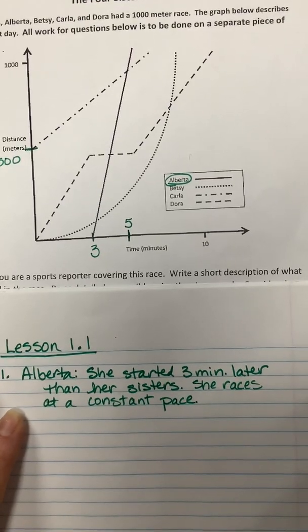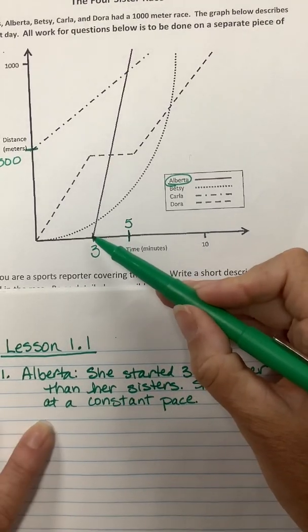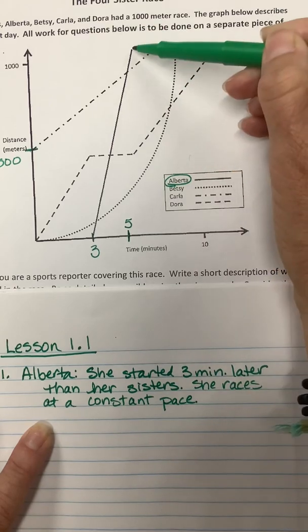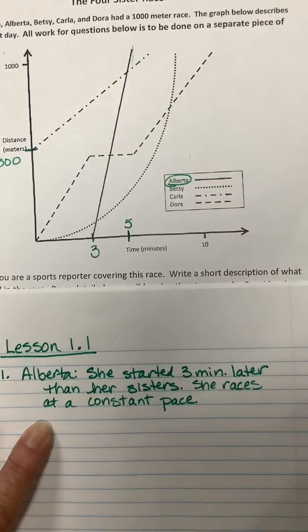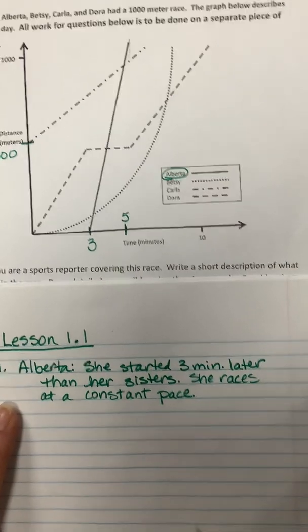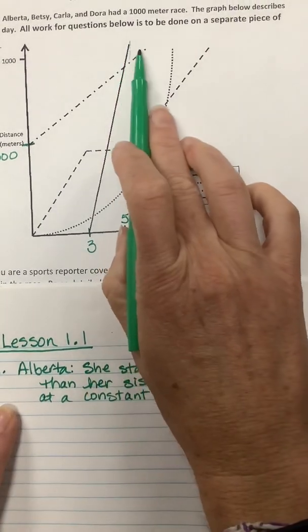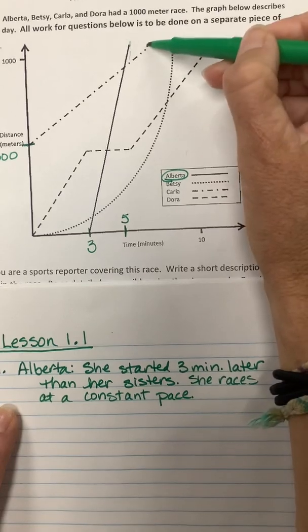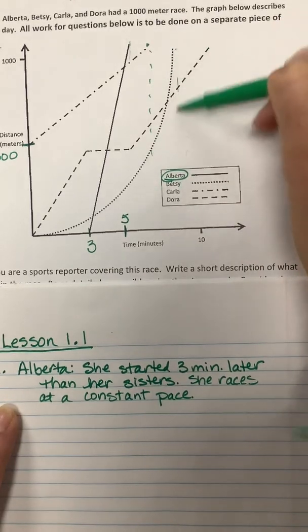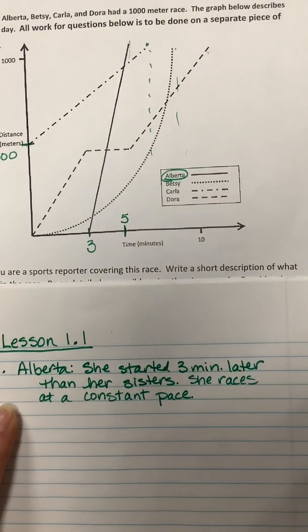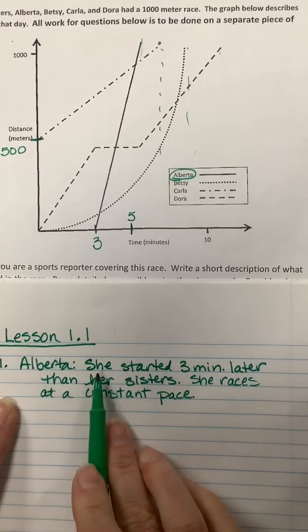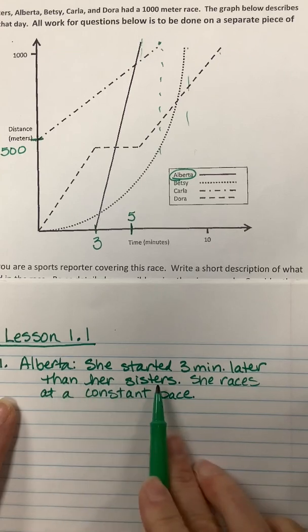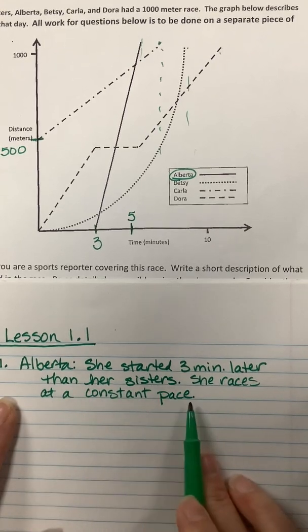She doesn't stop, she doesn't fall, she runs at that constant pace. And when does it look like she finishes? I don't know, this is a vague graph. 5 minutes, 6 minutes, anything reasonable would make sense. It also looks like she finishes first, while this other sister finishes later. So she started 3 minutes late and she finished first. So here we go. She started 3 minutes later than her sisters. She races at a constant pace.